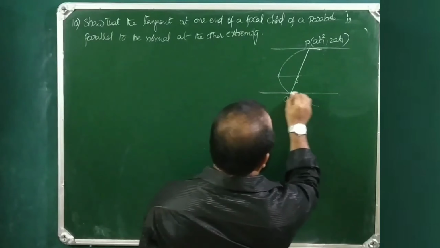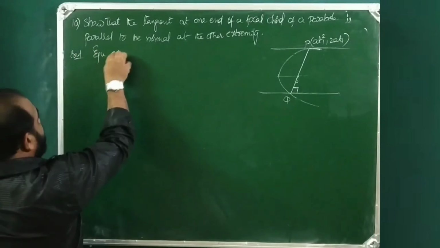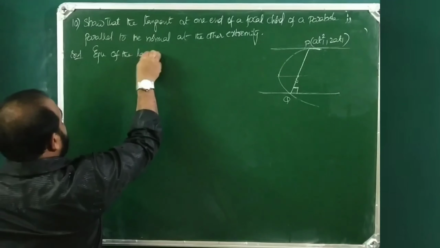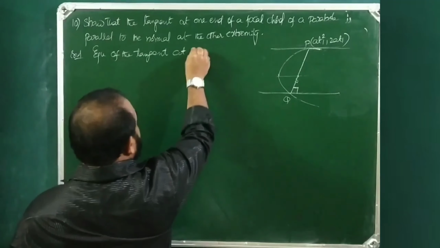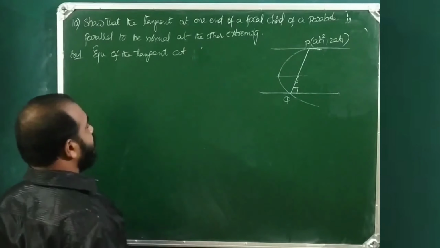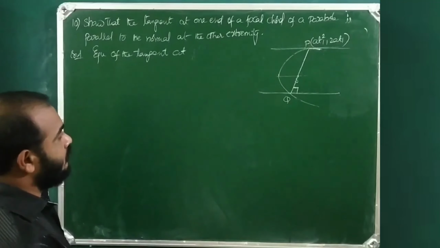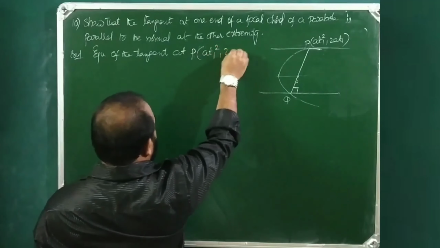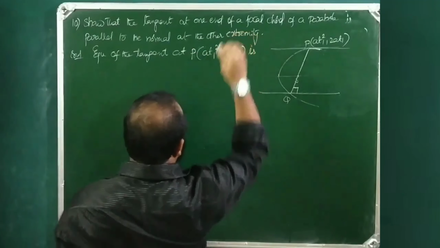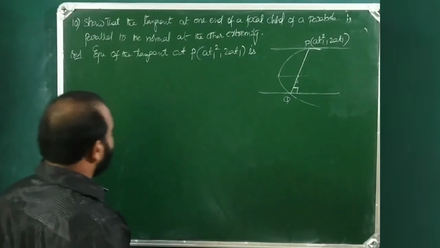The equation of the tangent at P (at1 square, 2at1) is yt = x + at square.